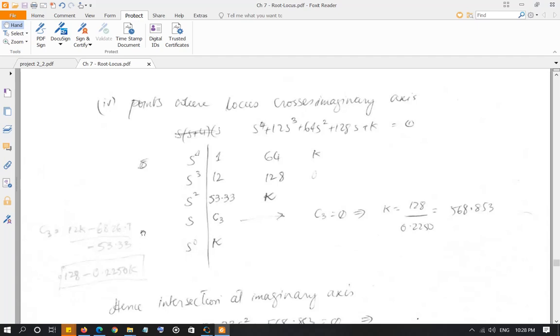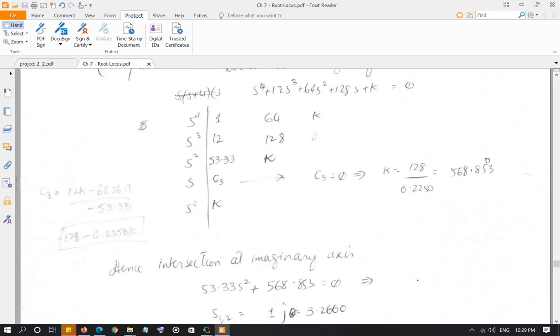This is the c3 equation, and we know that when c3 is equal to 0, that means it will be a critically stable system, and then we can find the value of k from the s^2 equation. So first we're going to find out when c3 is going to become 0 from this. When c3 is 0, the value of k is 568.853, because this is c3 right here.